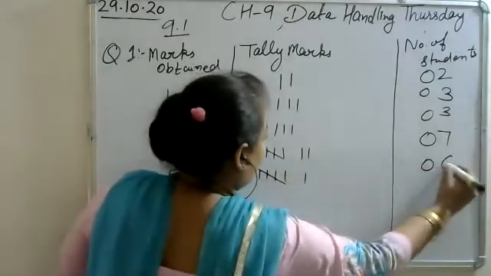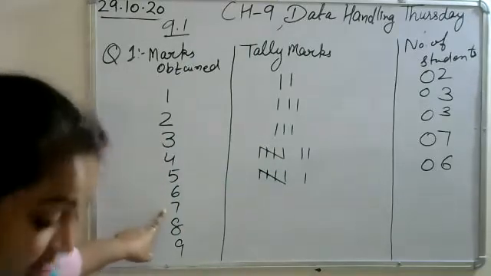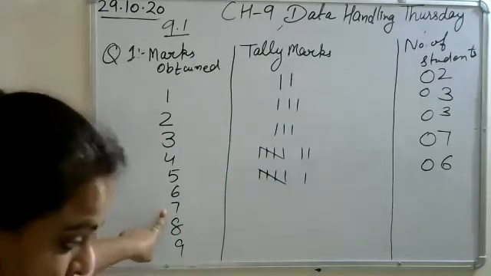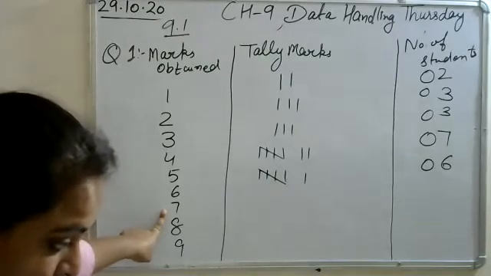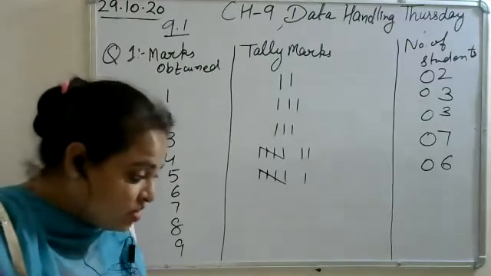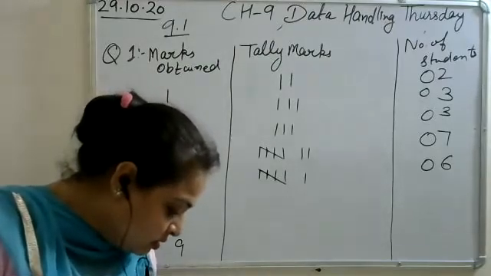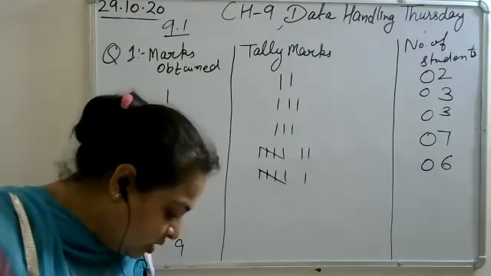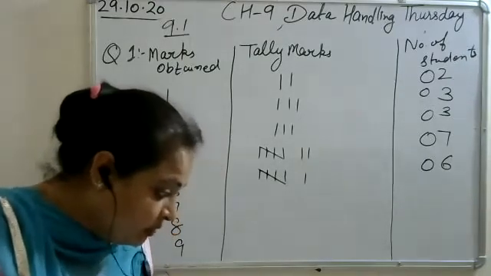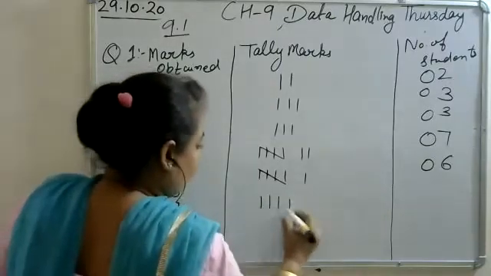So here you will write 6. Then 7 marks. No. Count again. Check the counting of 7. 1, 2, 3, 4, 5. Yes, Rishita, very good. 5.